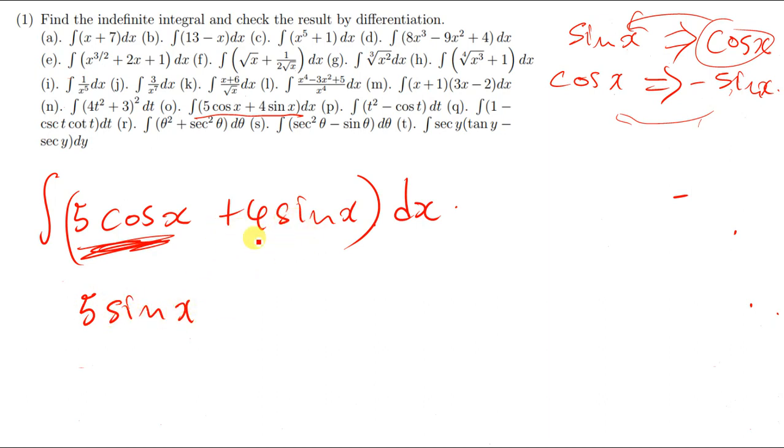Then when you integrate sine x, you are going to get negative cos x, but there is a 4 this side, so we're going to add a 4. So this is what you are going to get as your integral. Since these are indefinite integrals, you don't have to forget to add a c. Okay, so this is exactly what you're supposed to do.